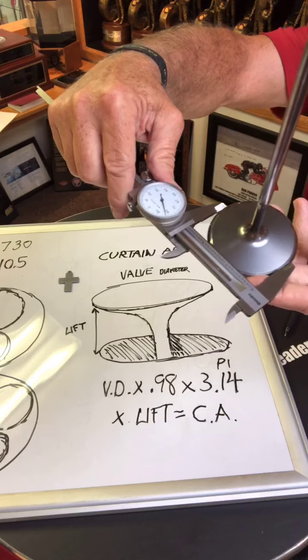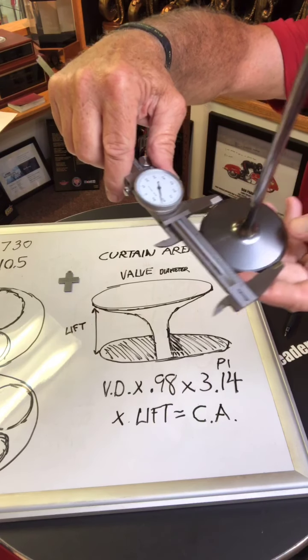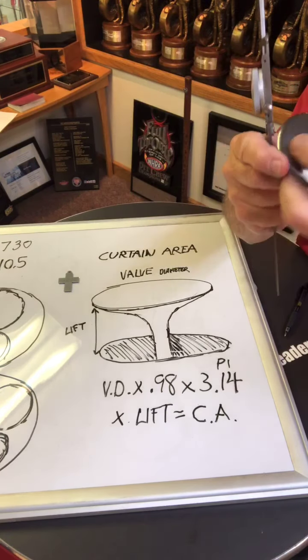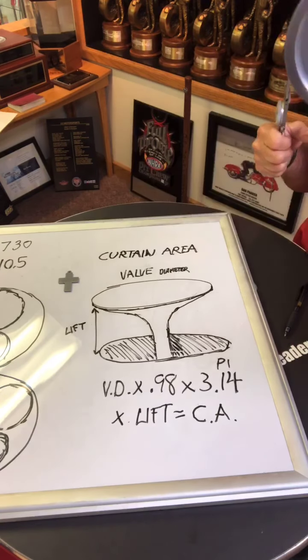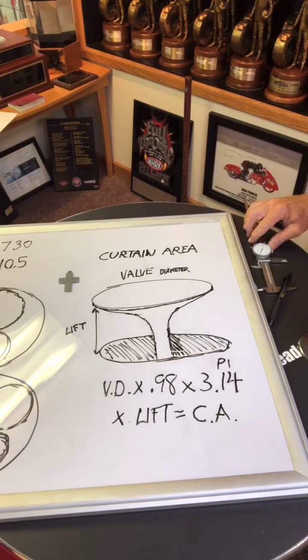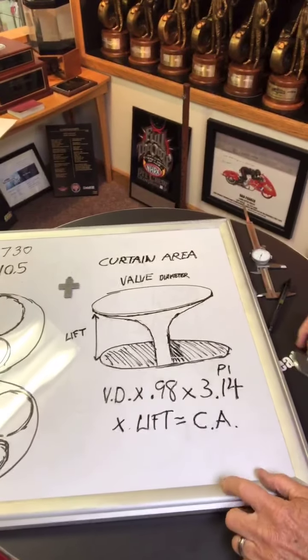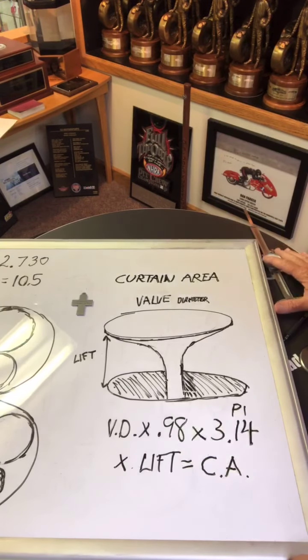Anyway, times 0.98 gives you the diameter of the valve job. This is the valve job, not the valve size. So this is the effective curtain area. Can y'all see this all right?